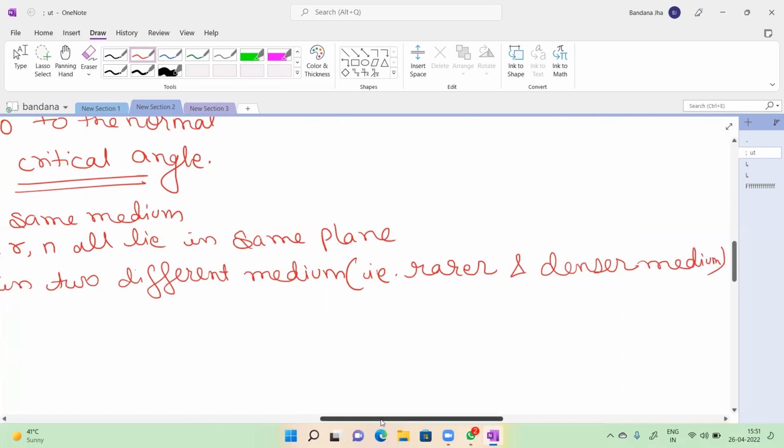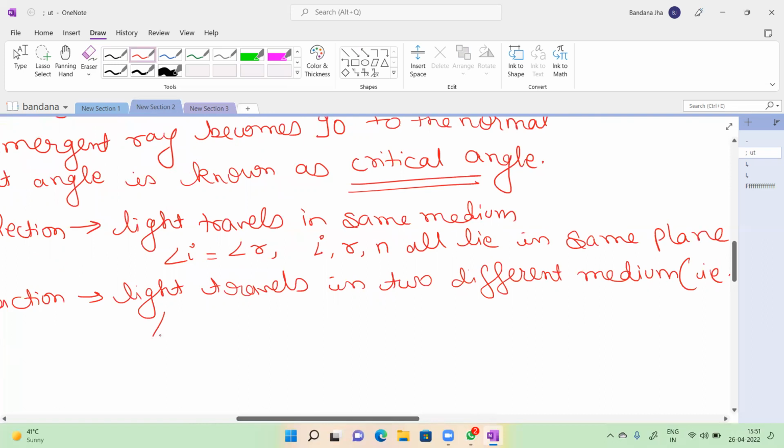Now, angle I is greater than angle R. It means that light travels from a rarer to a denser medium, right?